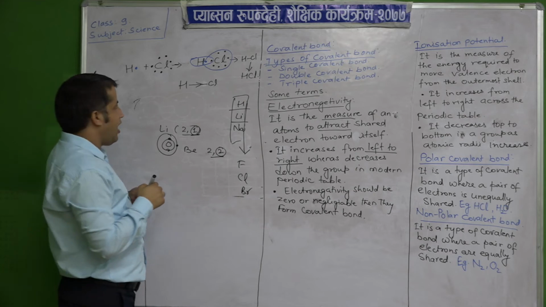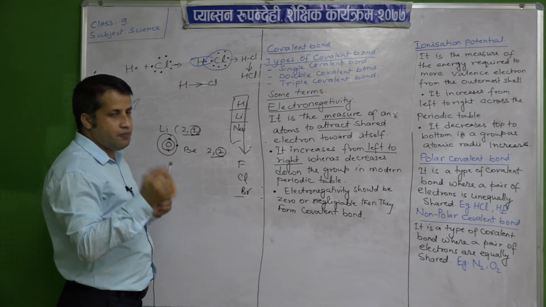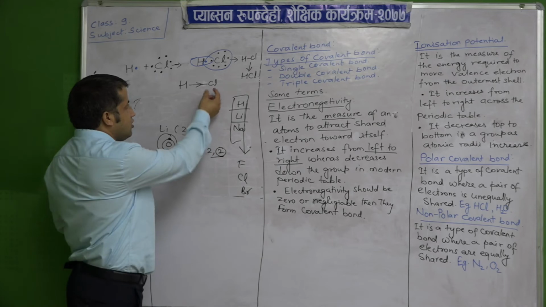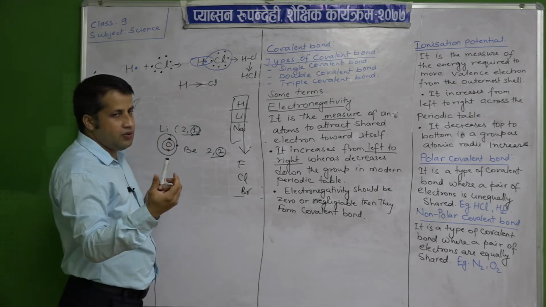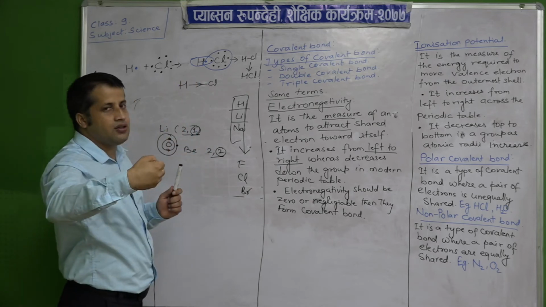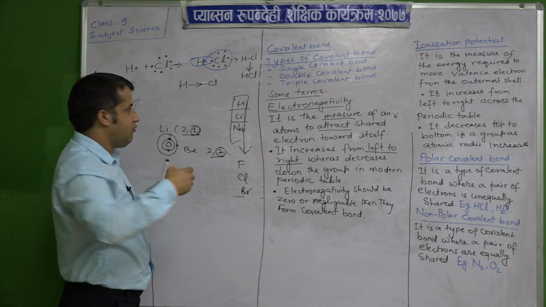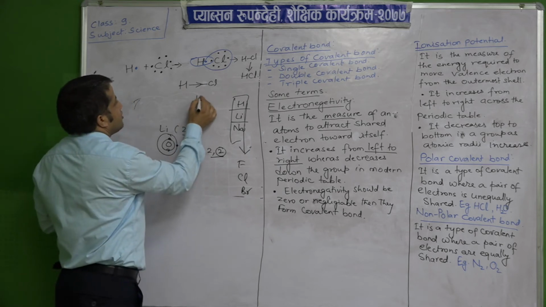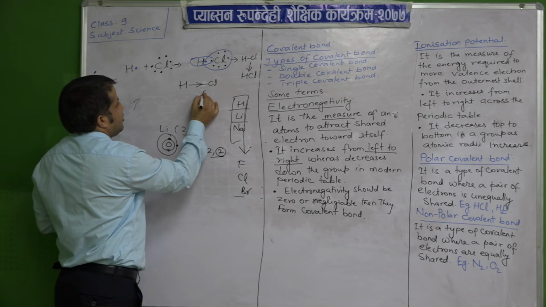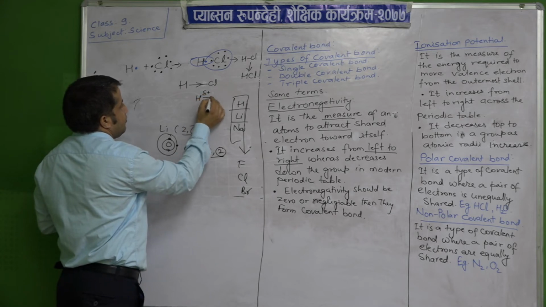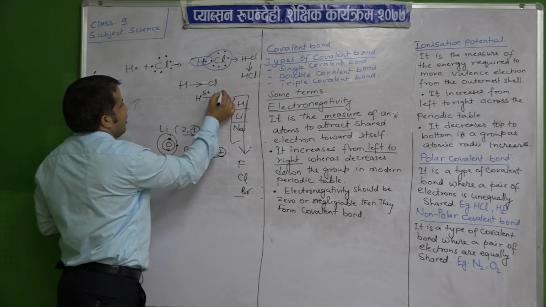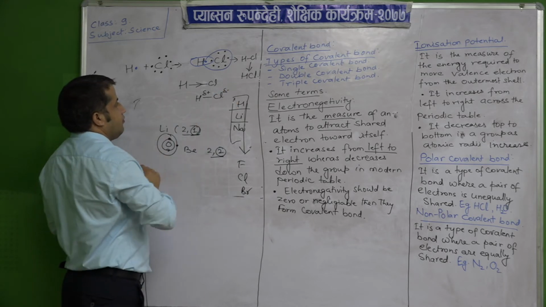Okay, they are sharing one electron with each other, but because the chlorine has more electronegativity, it tends to attract the electron towards itself, forming a partial positive on hydrogen and a partial negative on chlorine.